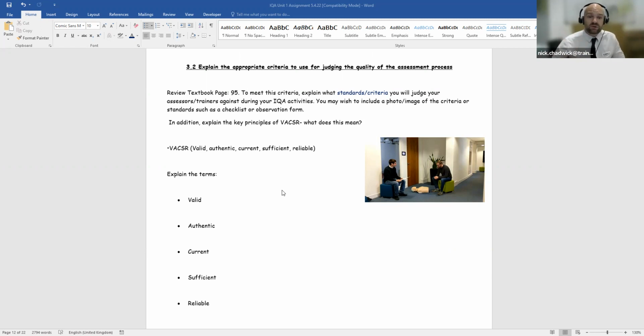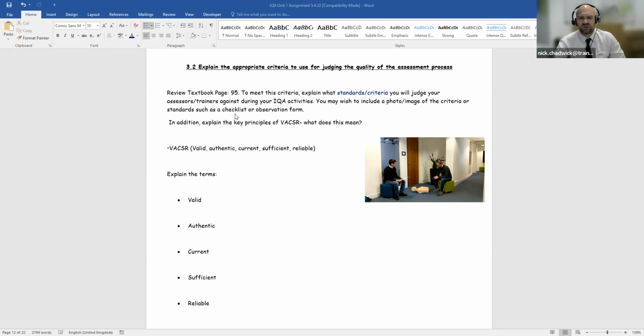Within criteria 3.2, we would like you to explain what standards and criteria you are using. So perhaps a paragraph here on what you are going to be using within your future IQA role.